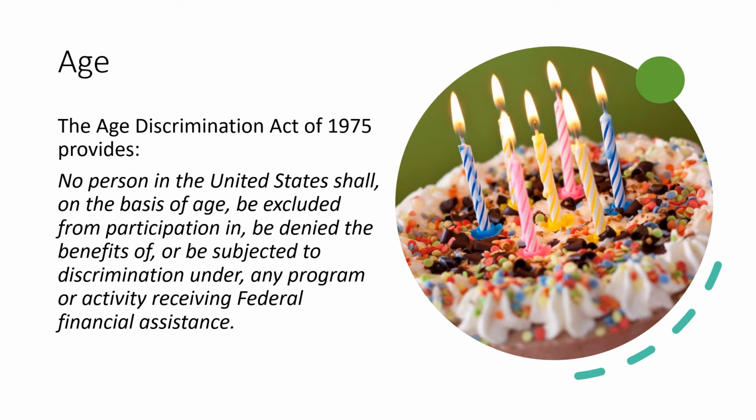An example of age discrimination may be that even if a child is younger, they need to be offered the same portion size as other students. For example, you cannot give a quarter cup serving of a food item to a younger child just because they are younger. If you are offering a half cup serving to the rest of the students, all students should receive a half cup serving according to the same meal pattern.